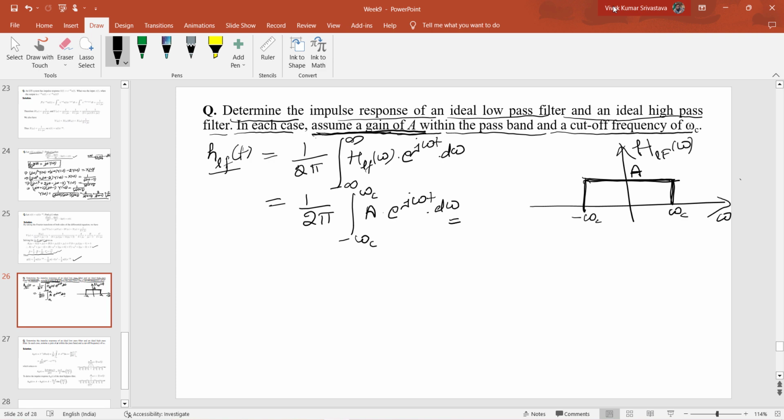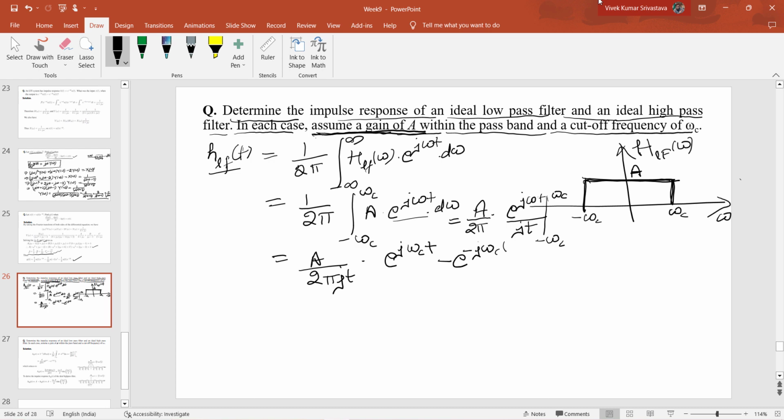So this can be written as, taking A common and directly integrating this factor, A over jt with the limit of integration from minus omega c to omega c. So this can be written as A over 2 pi jt into e raised to the power j omega c t minus e raised to the power minus j omega c t.